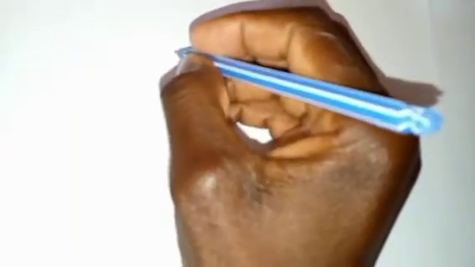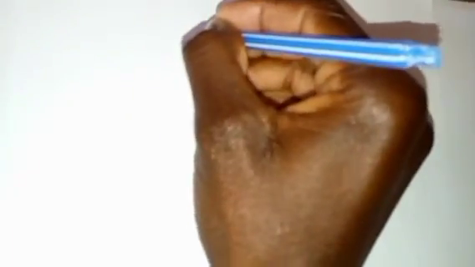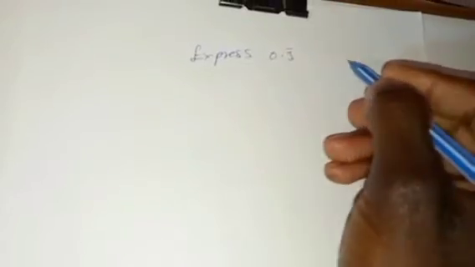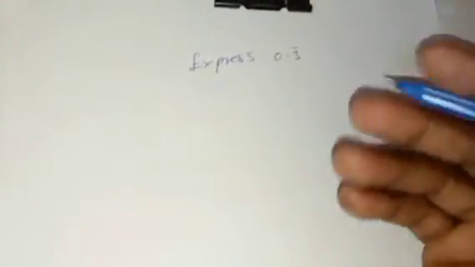Okay, so suppose a question has come in this case whereby they're saying express 0.3 with a bar, or sometimes they can just use 3 dot dot dot. That simply means that the number 3 is moving continuously, it is endlessly repeating itself many times, it is not terminating.